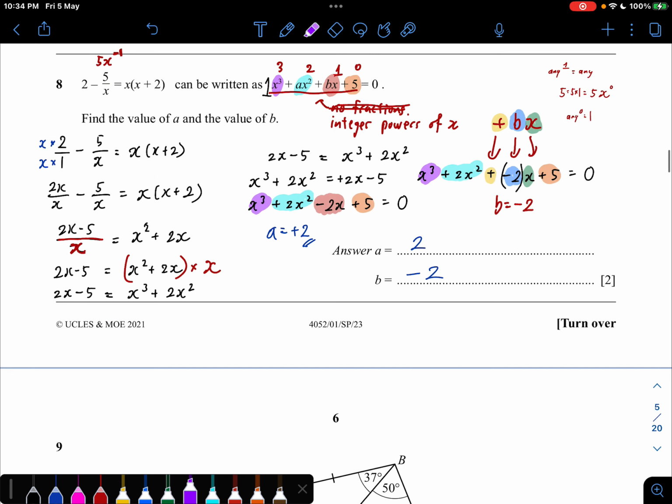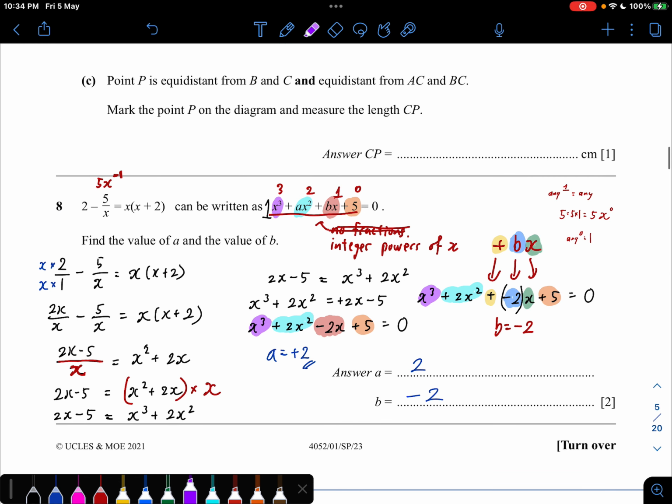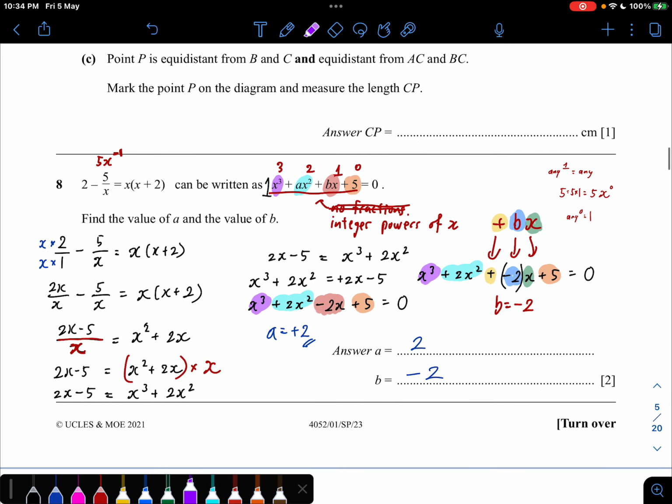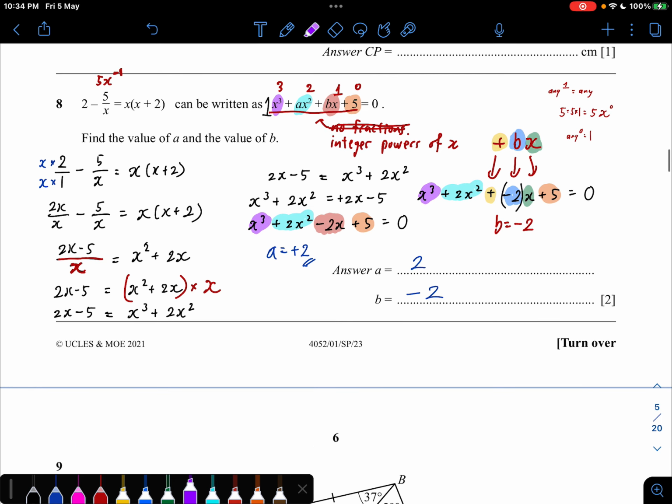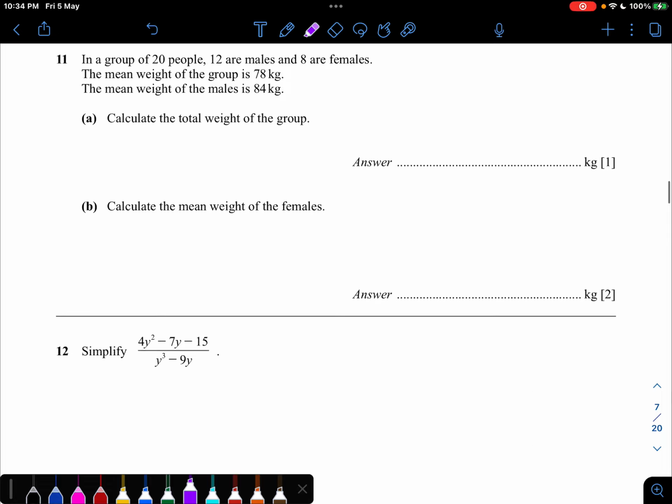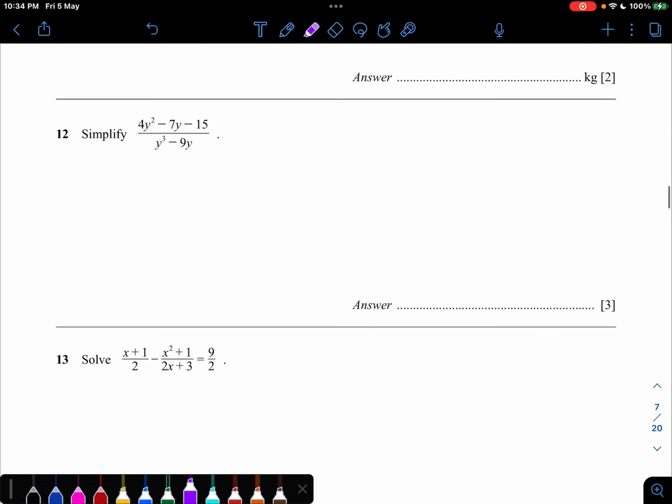Okay, moving on. What's the next question I requested? Let me see. Question 12. This guy, very simple, very standard question. Whenever you have a quadratic like this, don't worry, just type it into the calculator and it will calculate it for you. You can eventually factorize it as, let me get my calculator.